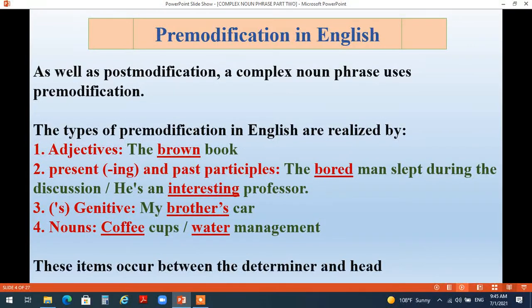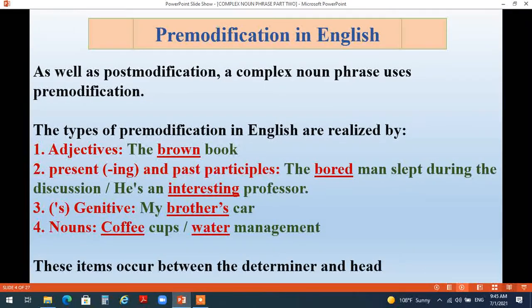Regarding pre-modification, we can say that the types of pre-modification in English are realized by the following methods. First of all, by using adjectives, like the brown book. So book is the head noun which has been pre-modified by using the adjective brown. Secondly, by using the present -ing and the past -ed participles, for example, the bored man slept during the discussion. This is the past participle.